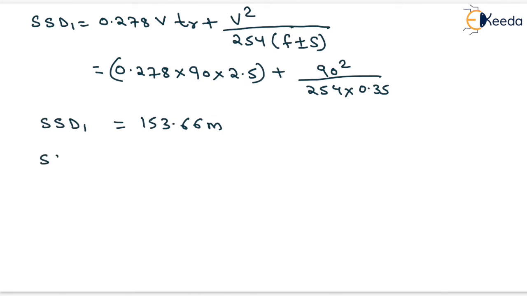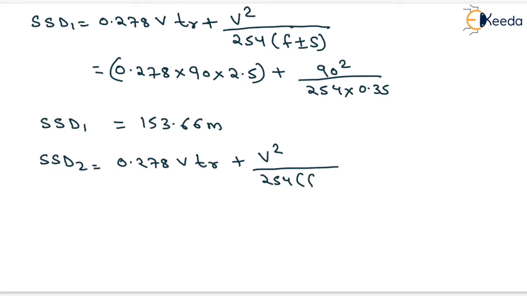Now we will compute the value of SSD2, which will be equal to 0.278 V into tR plus V square upon 254 (F plus or minus S). Now the speed of the second vehicle is equal to 60 km per hour.